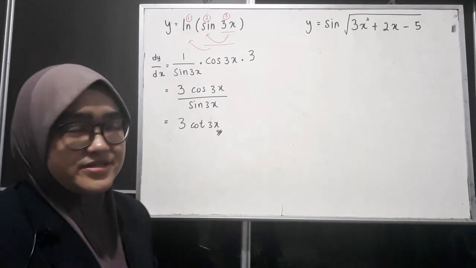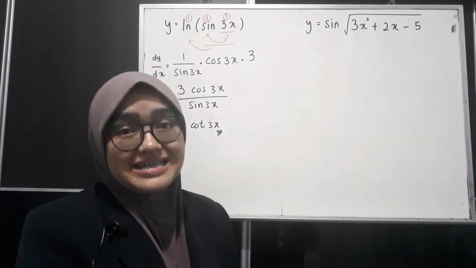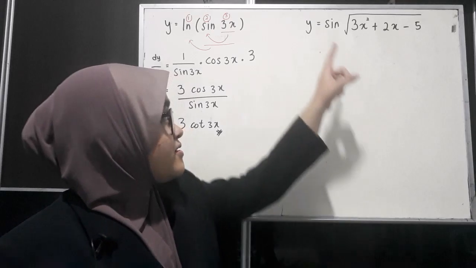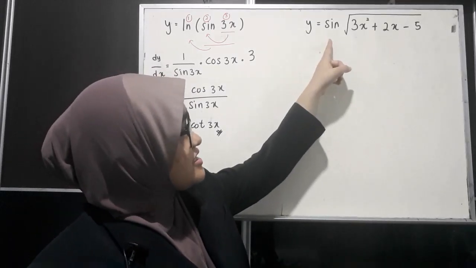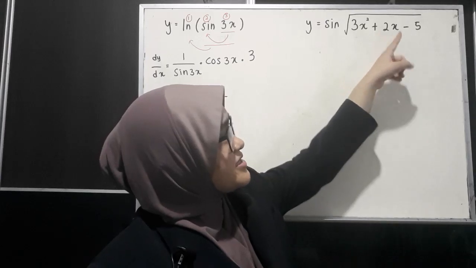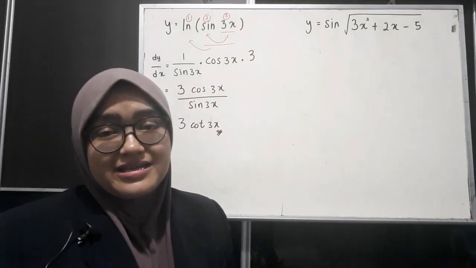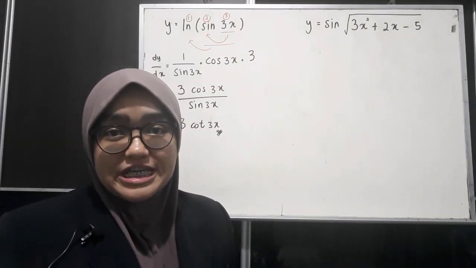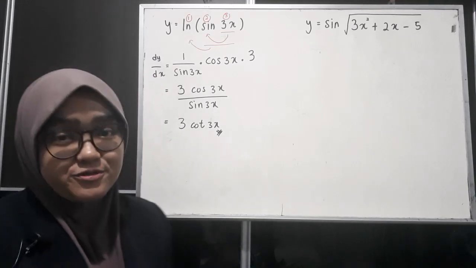One more example. Here we have another composite function. Y equals sine square root 3x squared plus 2x minus 5. Let's change square root into power 1 over 2.